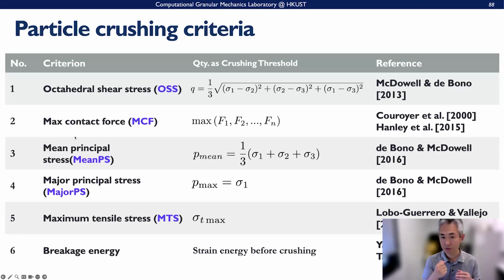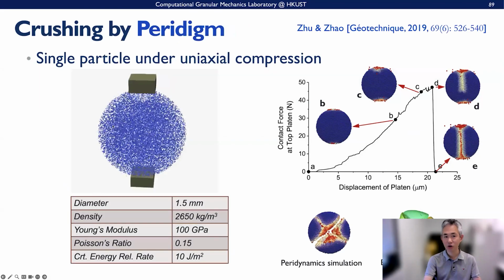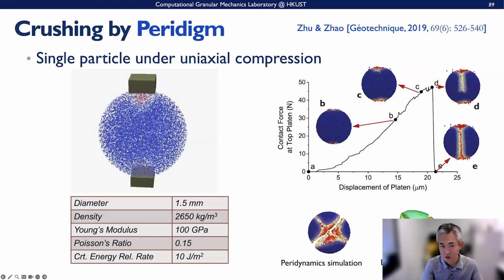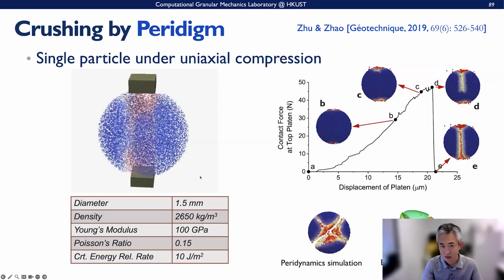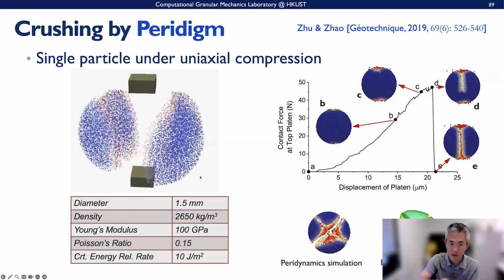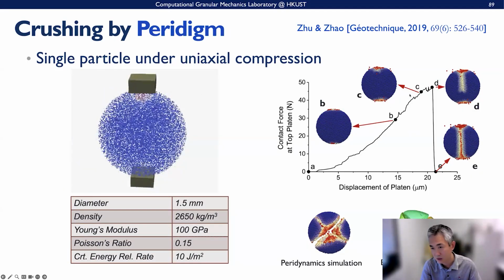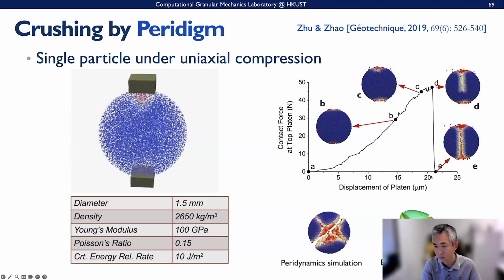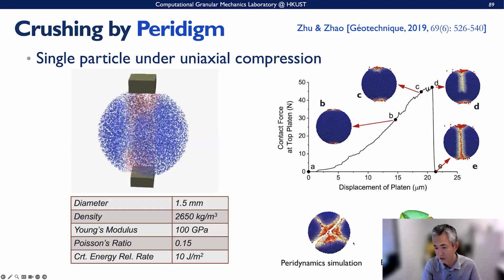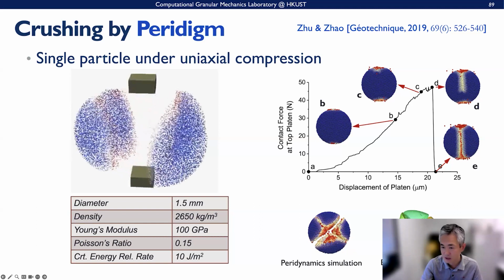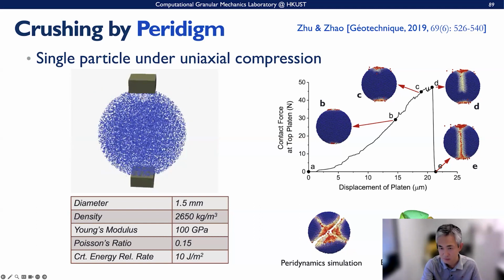So we want to have a very robust crushing criterion, and for our simulations, we look at a single particle under uniaxial compression conditions. We use PD to simulate it, apply this compression, and then crush it. These are crushing processes. These are PD simulations with some actual CT experiment observations.